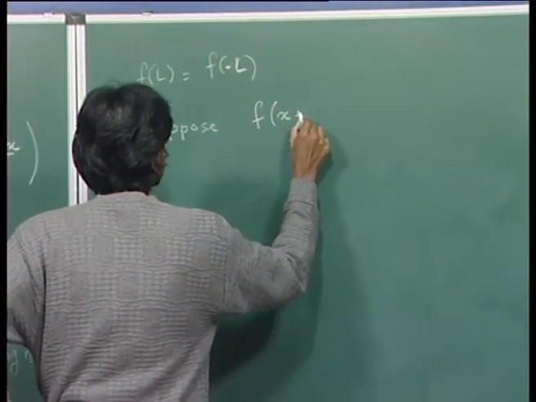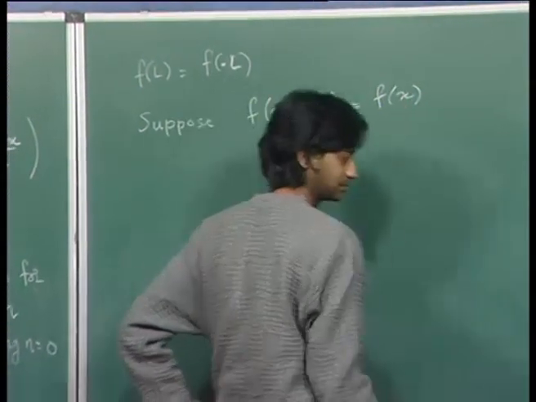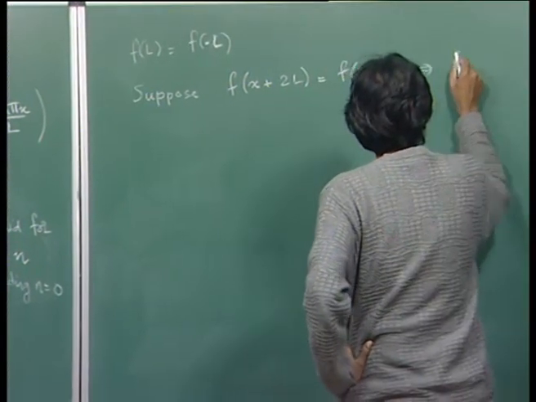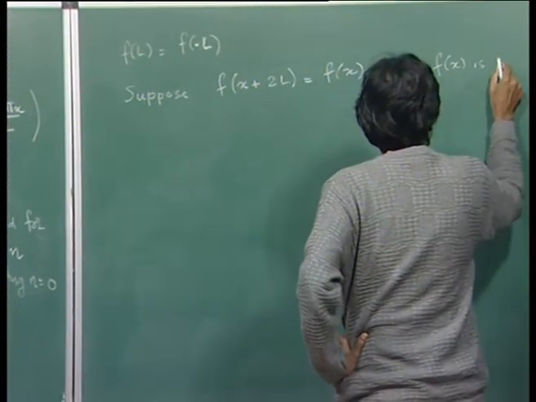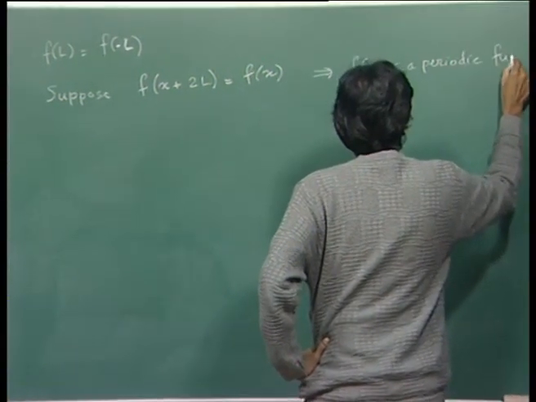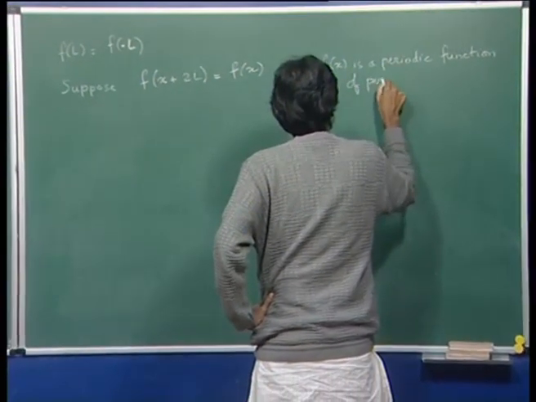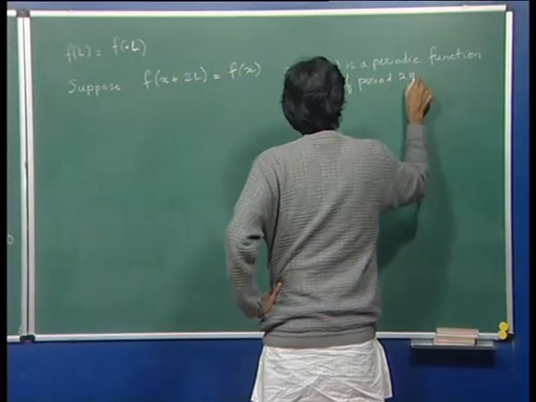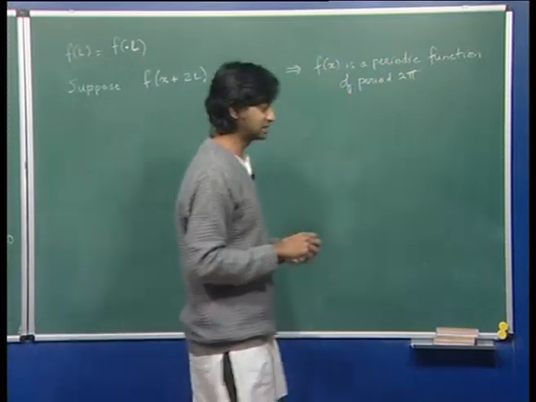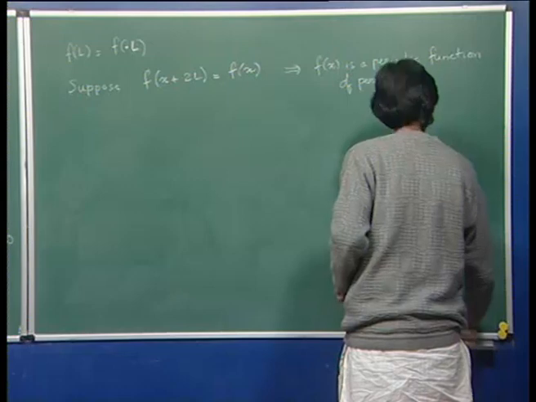Now, suppose f of x plus 2L equal to f of x. In other words, f of x is a periodic function with period 2L.